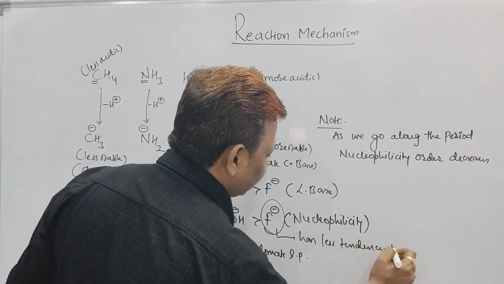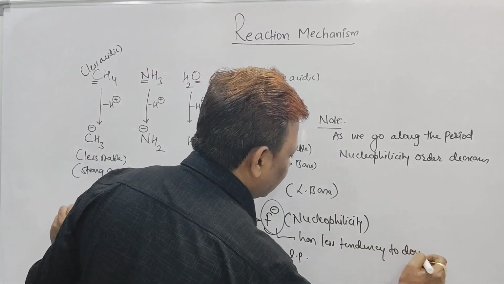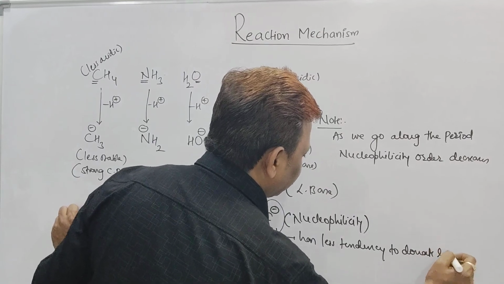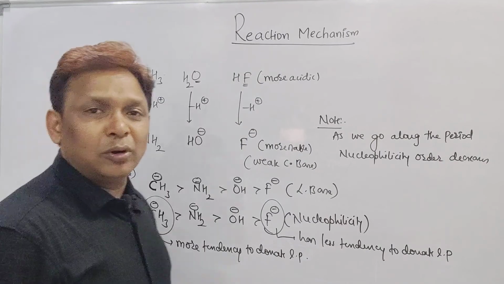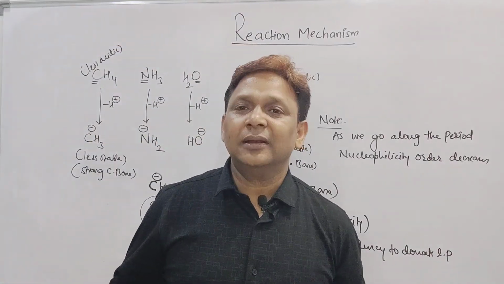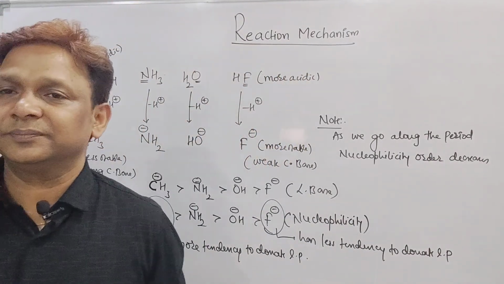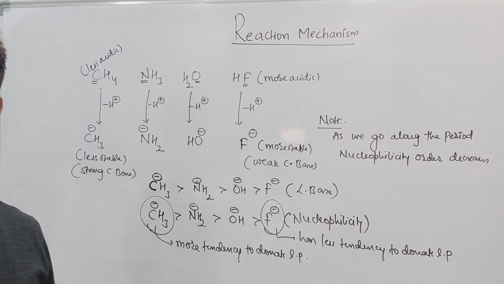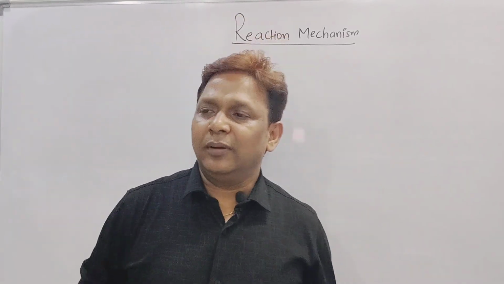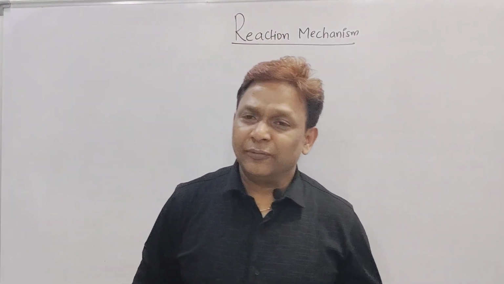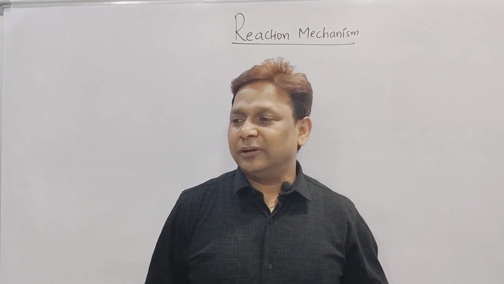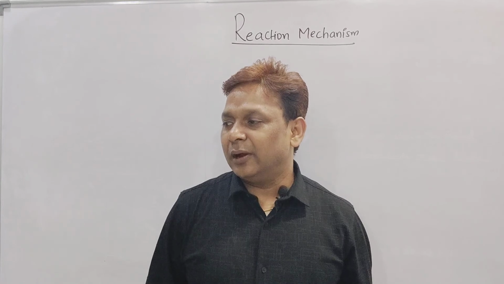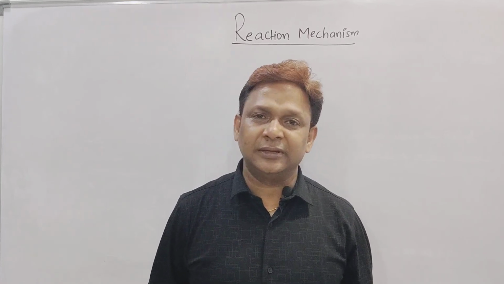As it has very less tendency to donate a lone pair, that means less nucleophilicity, and CH3 negative will have more nucleophilicity. Right? Take a screenshot of this one, beta. But now, as we have seen, nucleophilicity order along the period decreases because tendency to donate a lone pair along the period decreases, so nucleophilicity decreases.